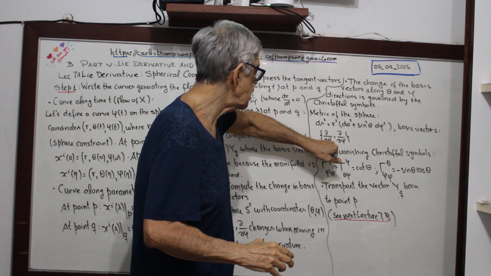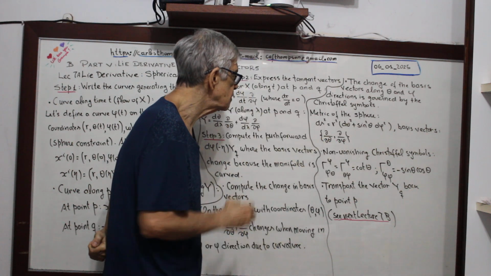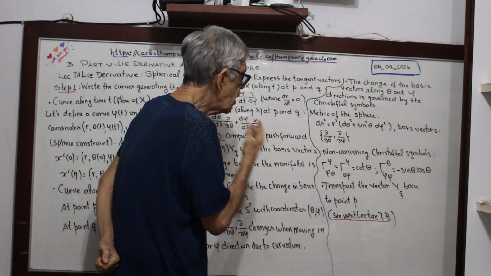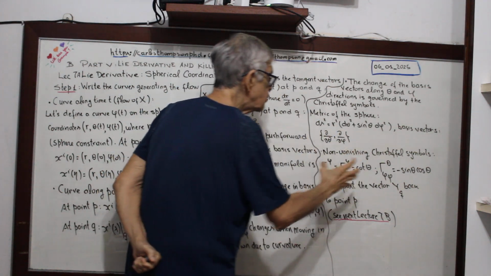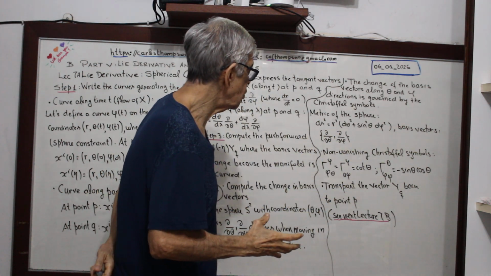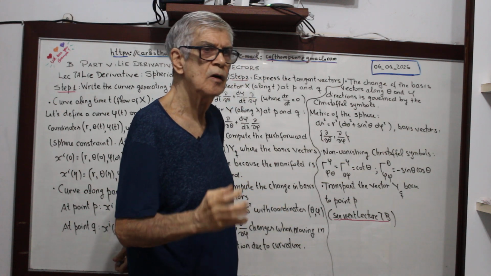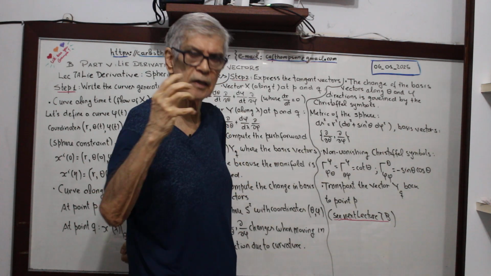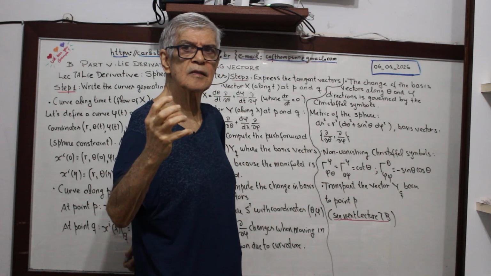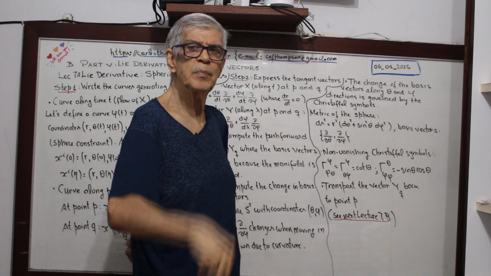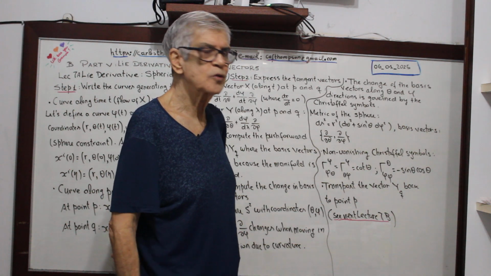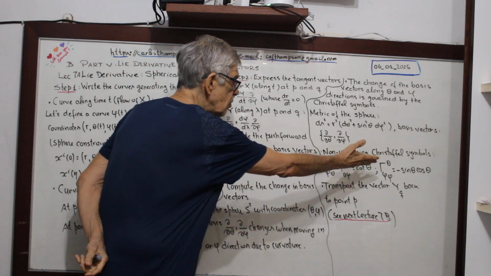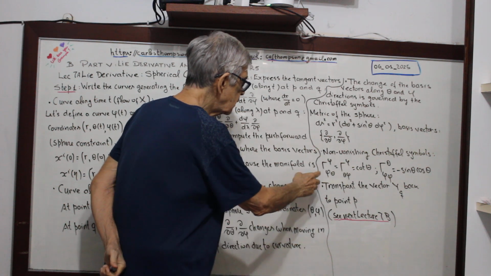So these are the basis vectors on the surface of the sphere. Now we can calculate the non-vanishing Christoffel symbols for the particular case of the sphere, as we derived in many previous lectures.